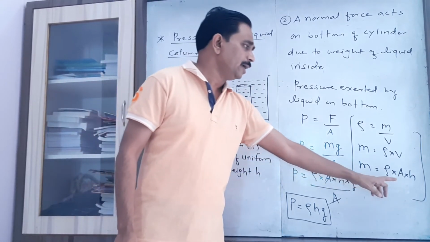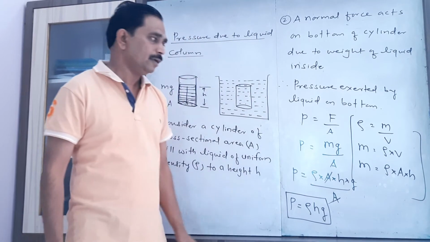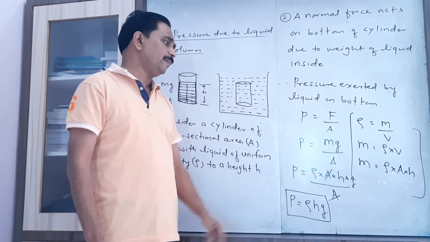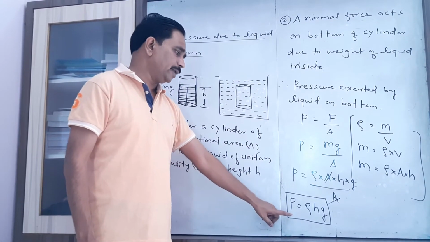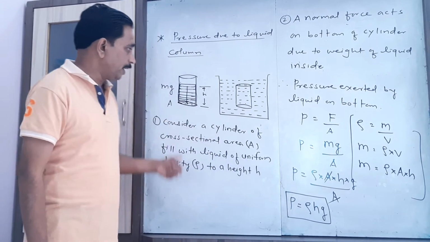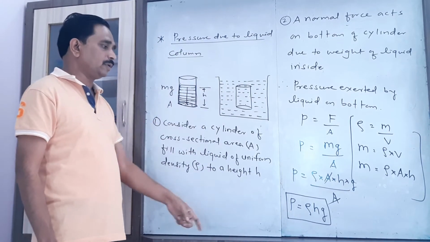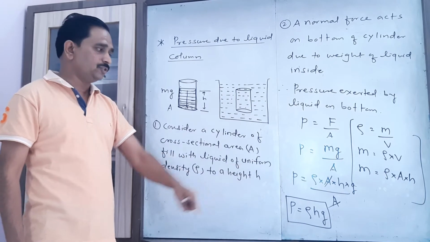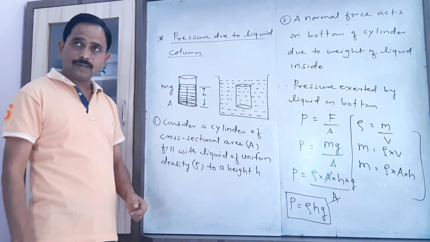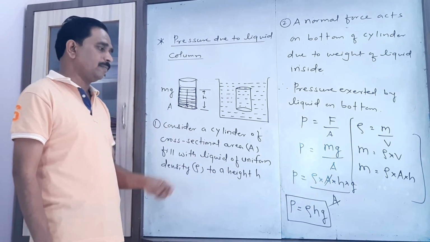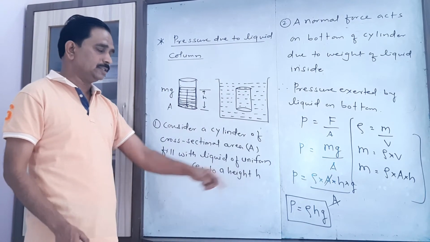That's why it is area into height. When I put the complete value of mass and simplify, the pressure exerted by that liquid at the bottom is rho h g, where rho is the density of the liquid, h is the height of the liquid column, and g is the acceleration due to gravity.